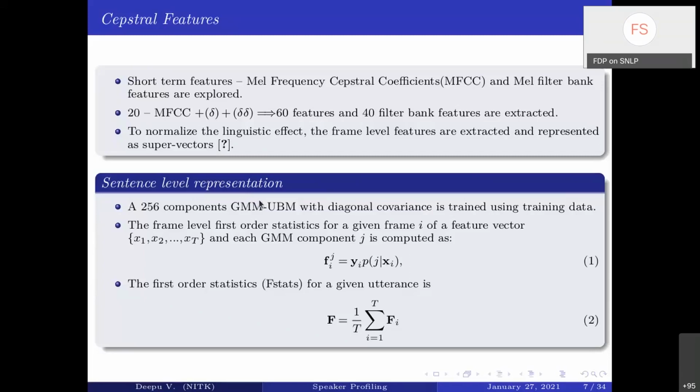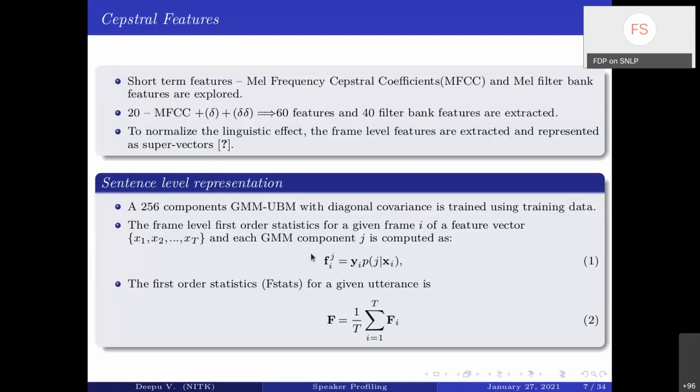You model each of these components and you try to find the average spectrum of each of these different components in your input speech. So we have 256 classes, and for each class you try to find what the average MFCC looks like in this particular sentence.